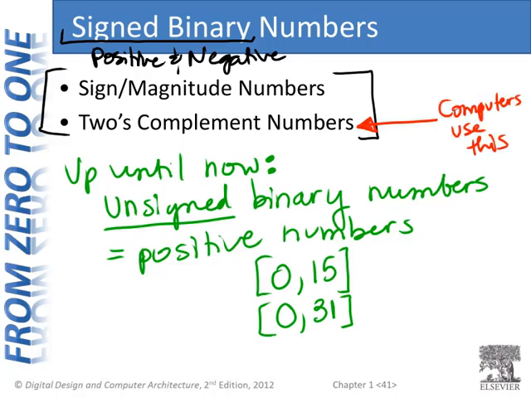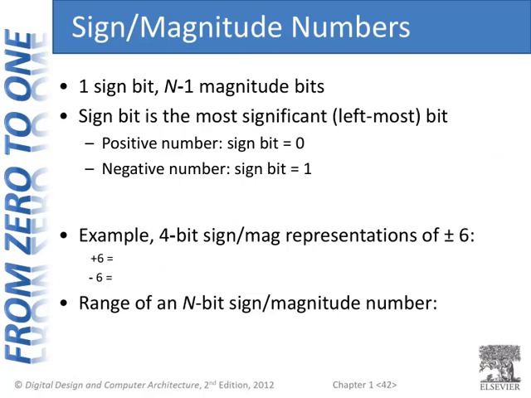Okay, let's talk about both of these representations for signed binary numbers. Again, signed binary numbers are numbers that can represent both positive and negative values using binary numbers. For sign magnitude numbers, we'll have one sign bit, and then the rest of the bits are used for the magnitude.